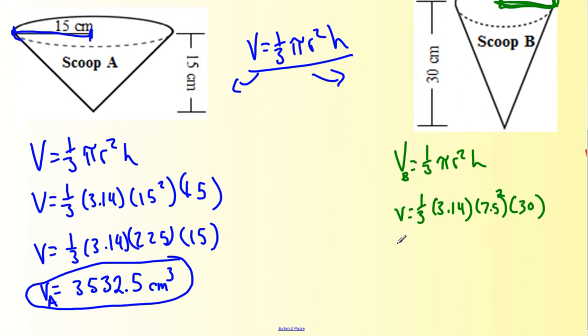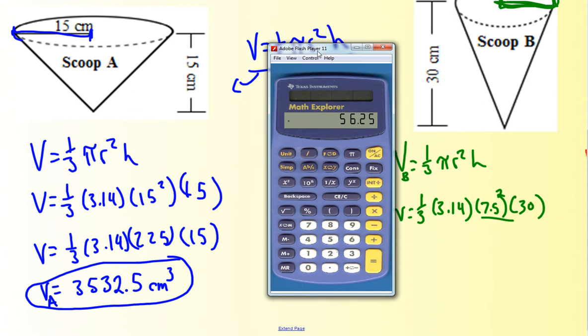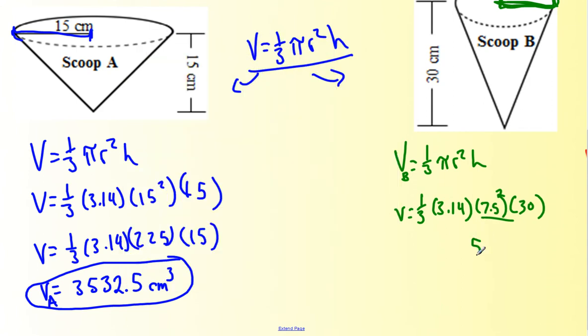So we've got to do that 7.5 squared first. We've got to do these exponents here. So 7.5 times 7.5 is 56.25. Then 56.25 and 30 there, and 1/3 times 3.14 there, volume there. We did the exponents first, and now we multiply straight across.